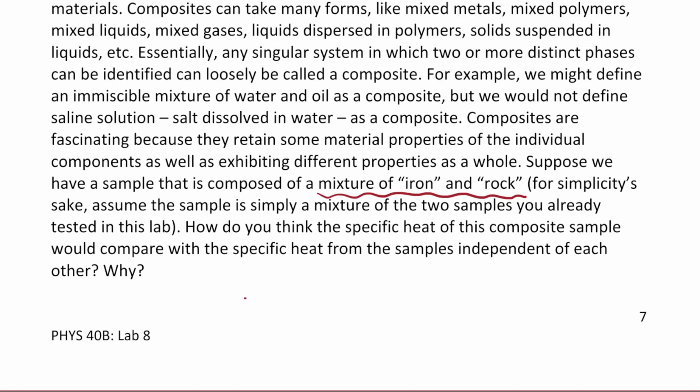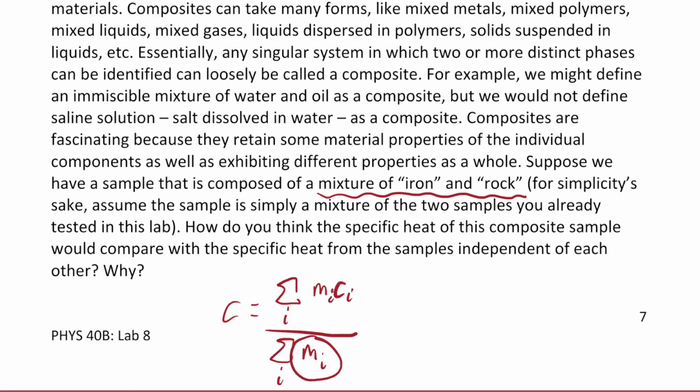But in general, the equation for this is the sum over all i of m_i c_i, divided by the sum over all i of m_i. So what we're doing here is taking the specific heat of the ith component in the compound and multiplying it by the mass of that component, which gives you the heat capacity of that component.